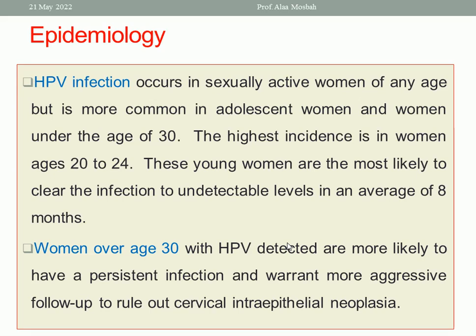These young women are the most likely to clear the infection to undetectable levels in an average of 8 months. That's why if there is human papillomavirus above the age of 30, this means persistent infection and warrants more aggressive follow-up to rule out cervical intraepithelial neoplasia.